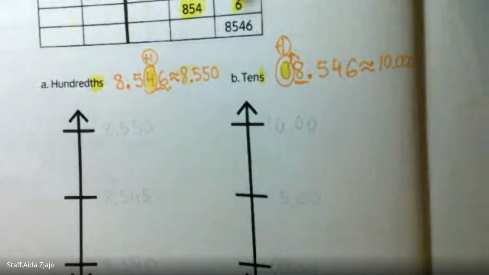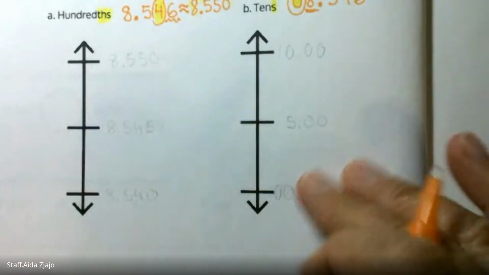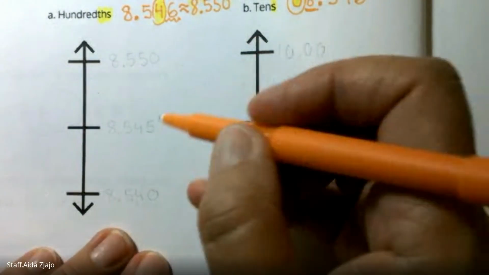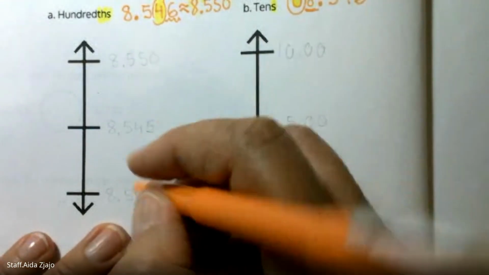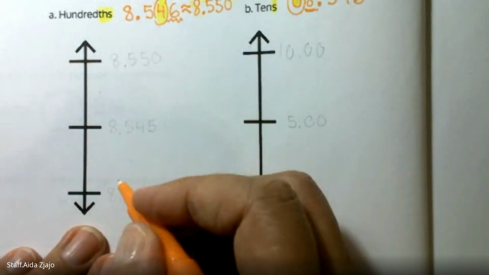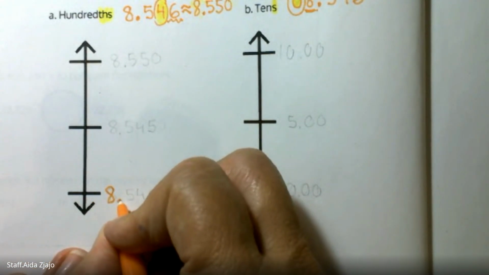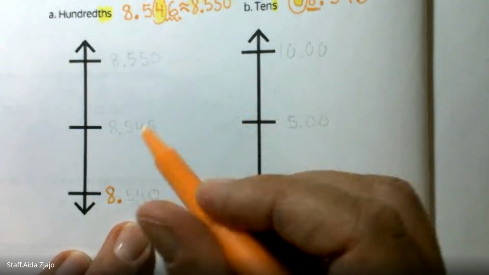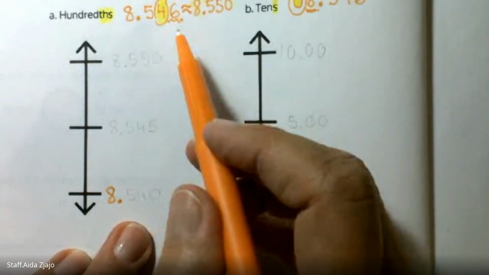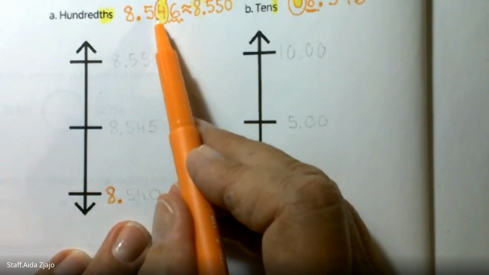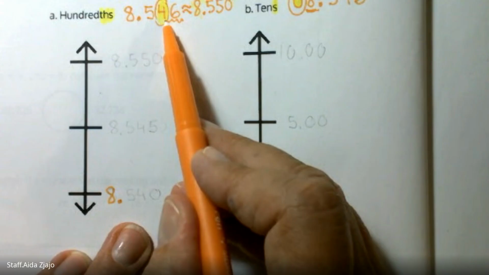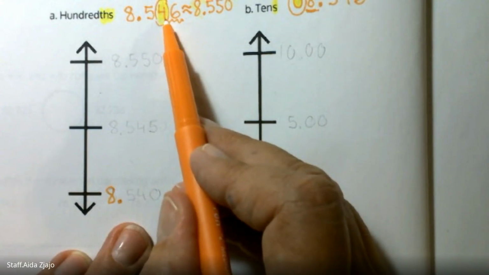If you're going to show this on the number line, we can start off with what number goes on the bottom. We have 8 whole dollars, and we have 8 wholes and 504 hundredths.